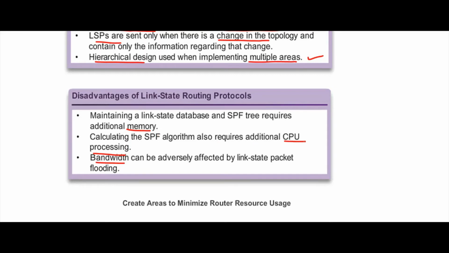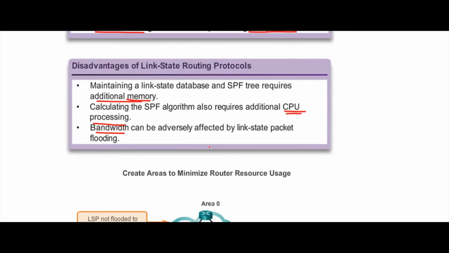That's the three things. Bandwidth means exchanging the packets. These are all the disadvantages of the link state routing protocol.